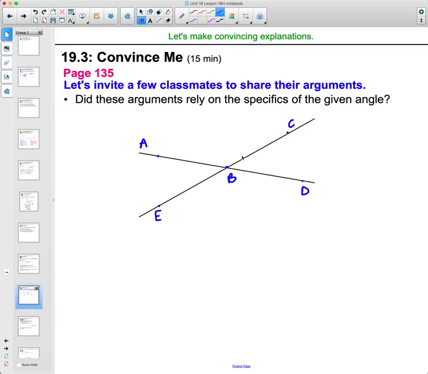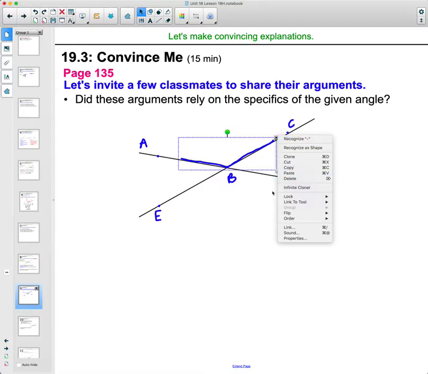So maybe you noticed that these two angles looked like they were reflections of each other. So you could think about reflecting it over this line. And if you reflected it, C would go down to D, A would go down to E. And let me actually draw this on here and see if I can reflect it on the video.